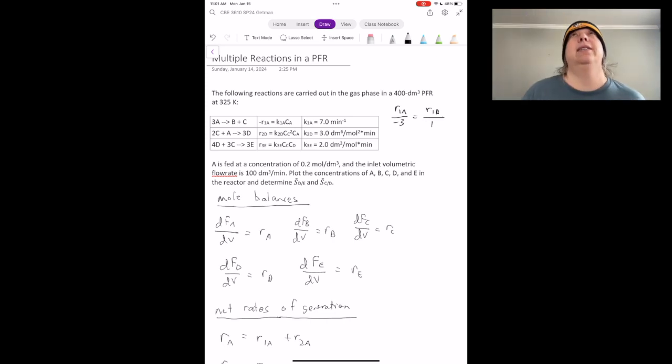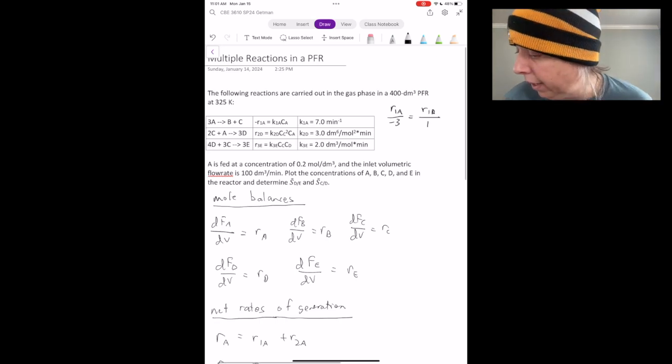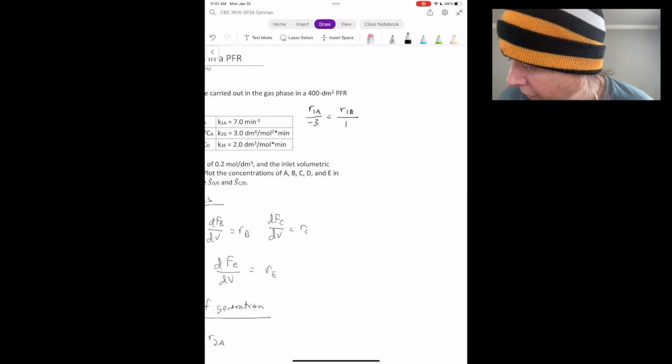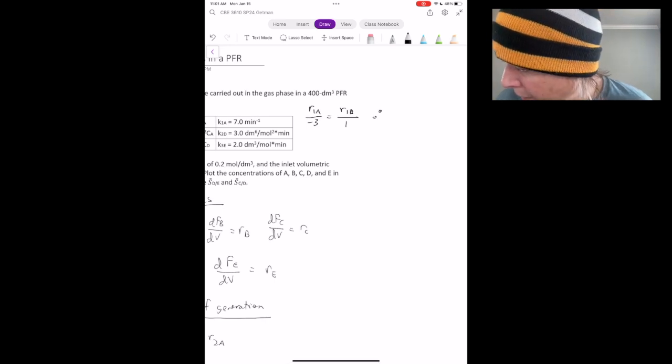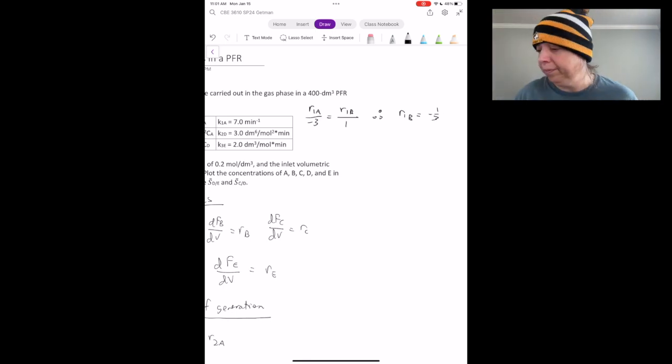So in the case of B, it's a product, so its stoichiometric coefficient is positive. So then I can solve for that. Therefore, R1B is equal to negative 1/3 R1A.